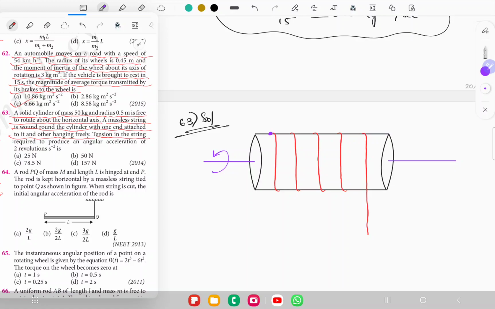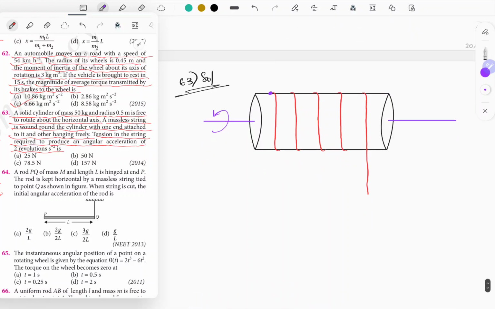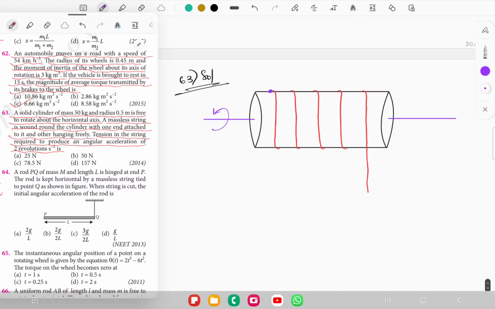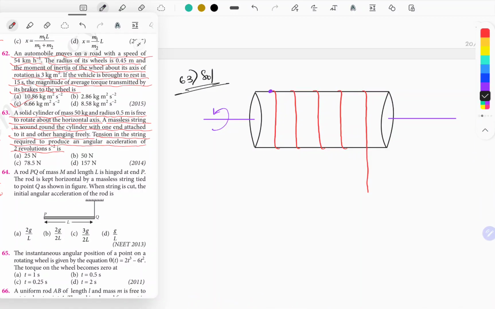The tension in the string required to produce an angular acceleration of 2 revolutions per second square. What they are asking is how much tension is required to produce that angular acceleration. Tension required is nothing but some force I need to apply. How much force do I need to produce an angular acceleration of 2 revolutions per second square?